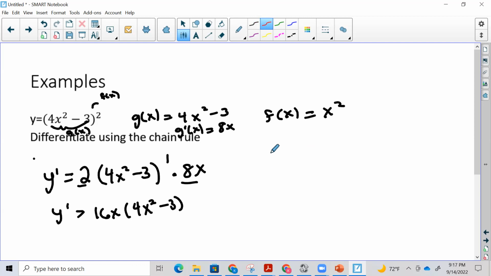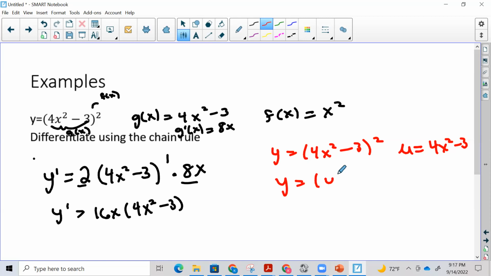Now, if you struggle with seeing that, another option is sometimes we rewrite this function in terms of another variable such as u, and so we let the inside be u. So it's 4x squared minus 3. And then I'm going to replace this inside with u.